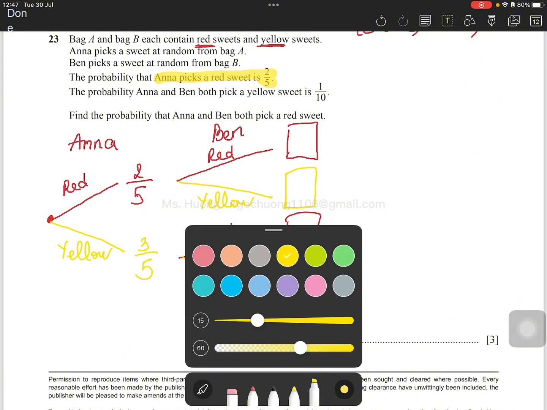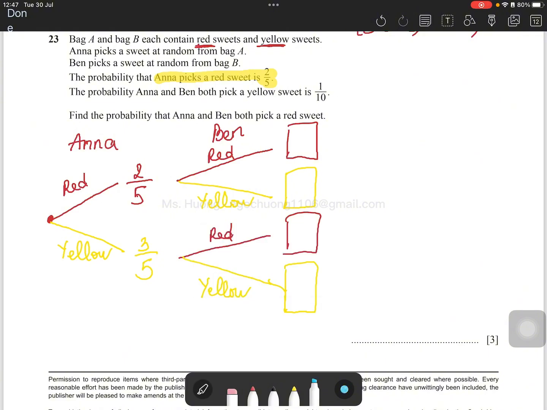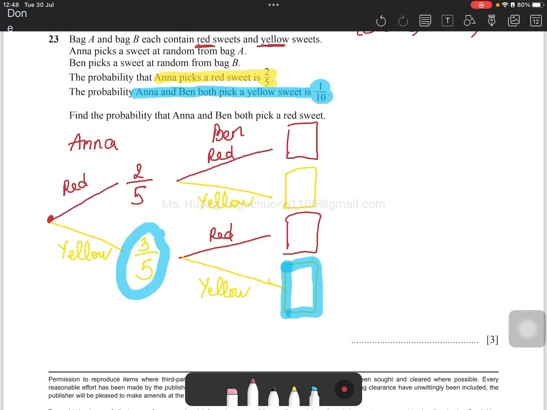But we know one thing. The probability that Anna and Ben both pick a yellow sweet is 1/10, which means Anna picks a yellow and Ben also picks a yellow. The probability of this is 1/10. So 3/5 multiplied by the probability of yellow for Ben is equal to 1/10.